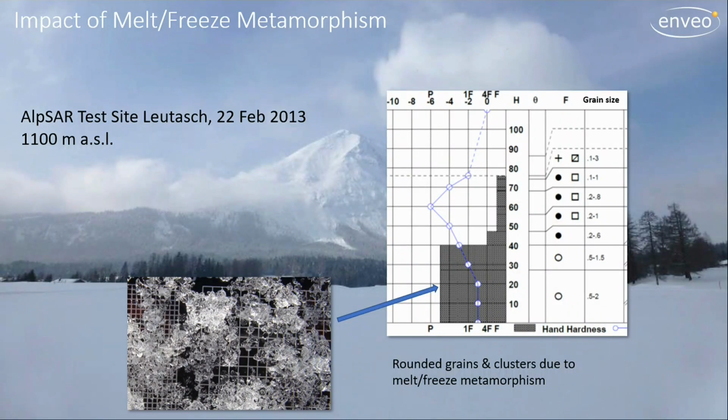Microwaves have wavelengths from a few millimeters up to 23 centimeters at L-band. They don't see the grains that we see in the optical. They see it differently. They don't see the individual grains, they see the clusters, depending on the wavelength. And this makes it really complicated.